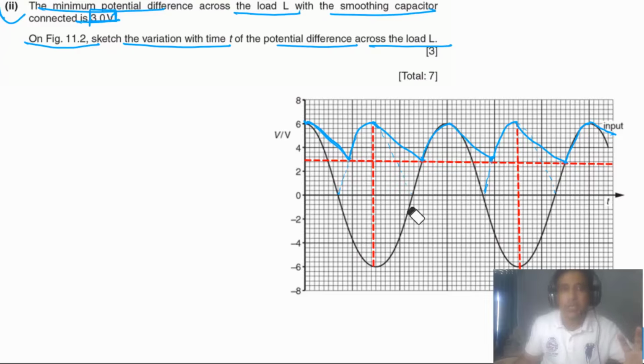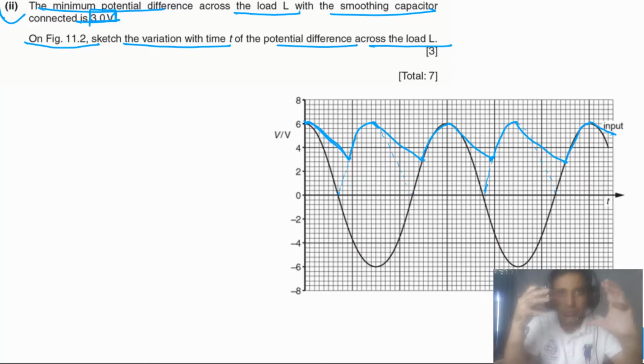The rest of the things are just for your understanding. If I want to show you the curve you need to draw, this is the curve you have to draw, but the way you need to draw it I have explained in detail, and I hope this is clear to you, how to draw this in a nicer way.